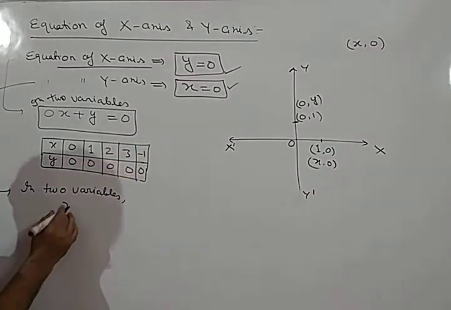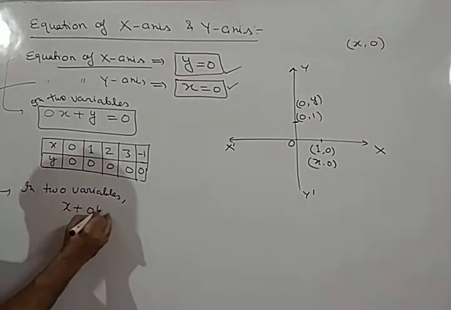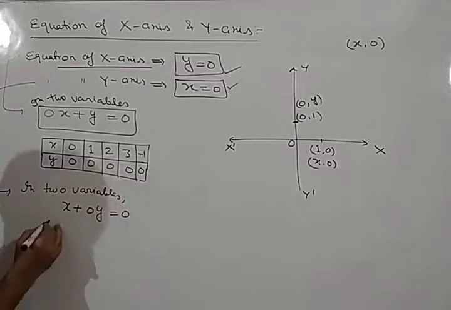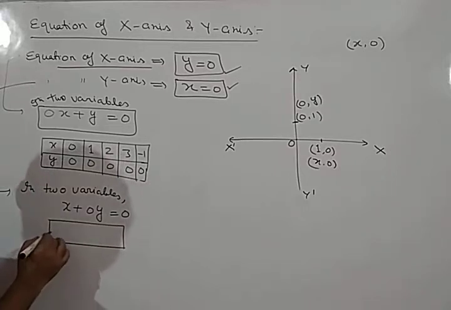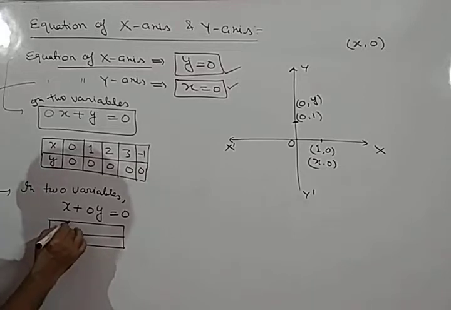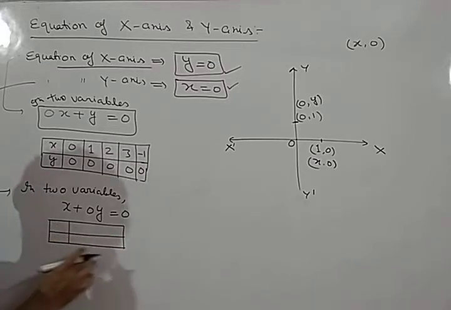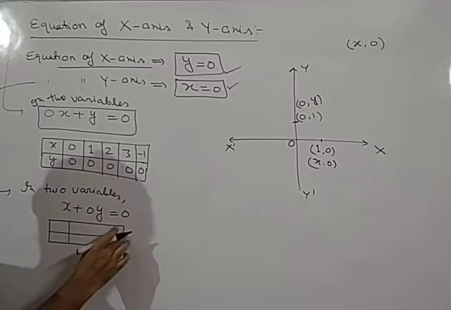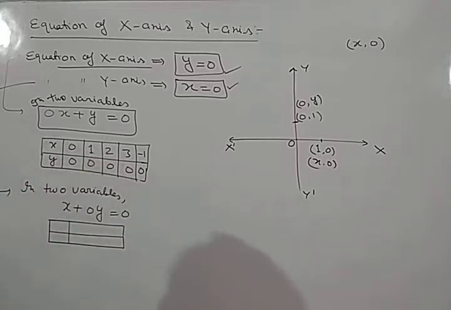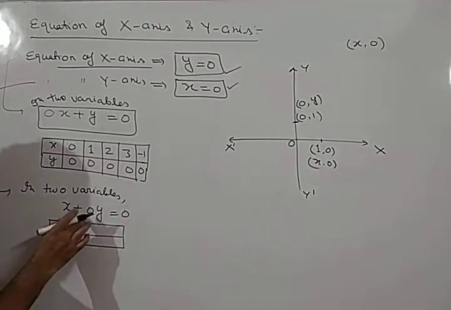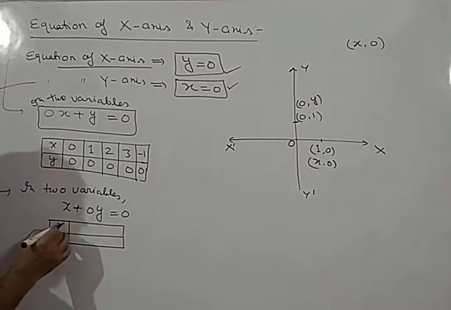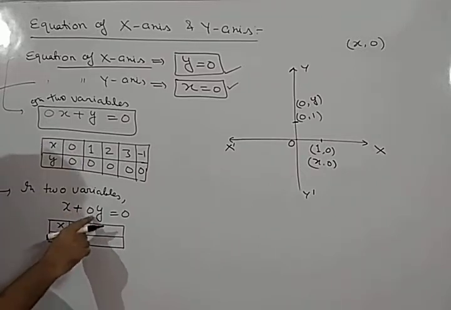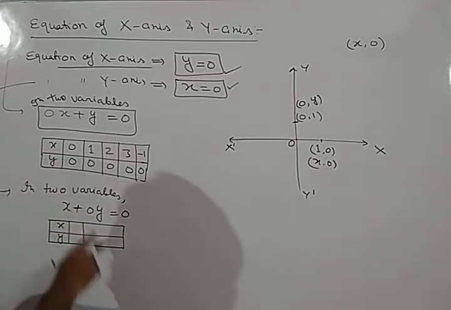So you can write it as x plus 0y equal to 0. And if you form a table and find the values of x and y, then for every value of y, x will be equal to 0.